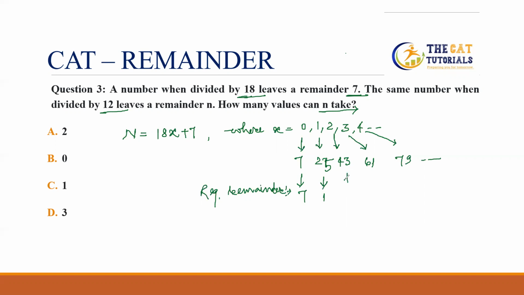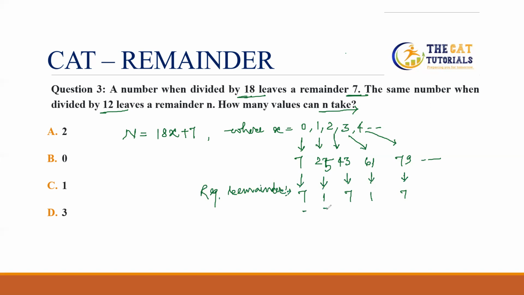When 43 is divided by 12, it will give 7 as a remainder. Again, when 61 is divided by 12, it will give 1 as a remainder. And again, when 79 is divided by 12, it will give 7 as a remainder. So whatever the value, we will get only two possible values of the remainders. The first one is 7 and the second one is 1.